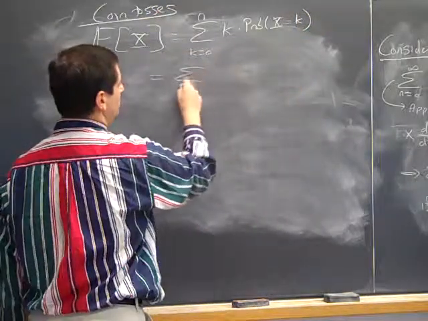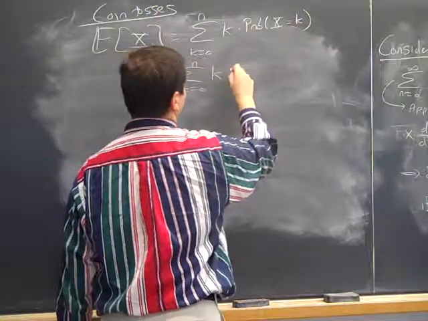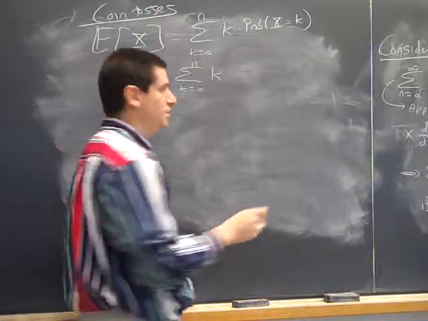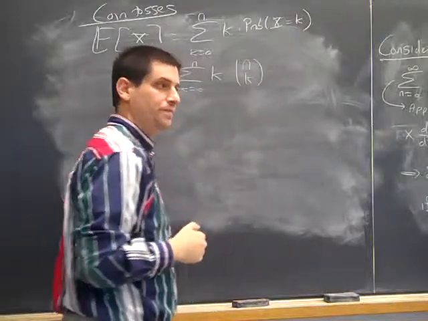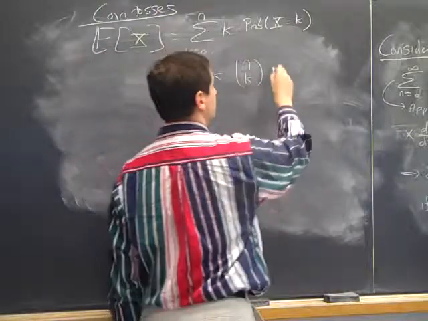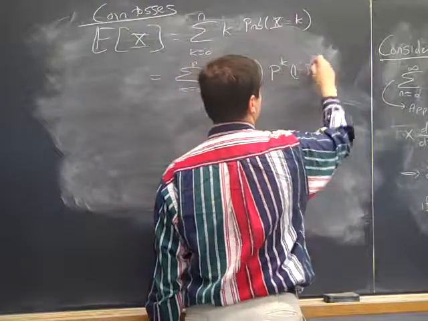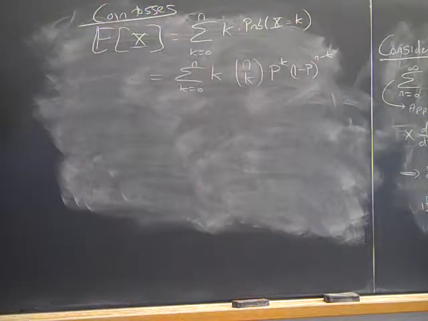What's the probability we have exactly k heads? So this is the sum, k goes from 0 to n, of k, and now the probability that I have exactly k heads in n tosses: I choose k of the n to be heads. We'll do the general case, p to the k, 1 minus p to the n minus k.